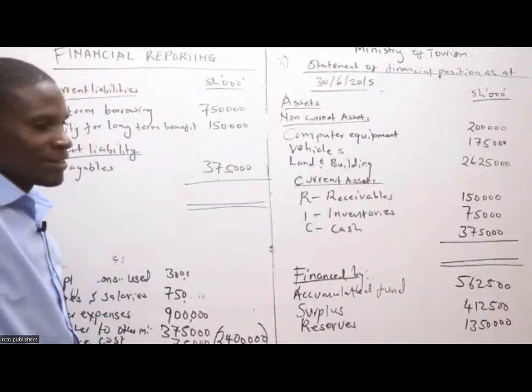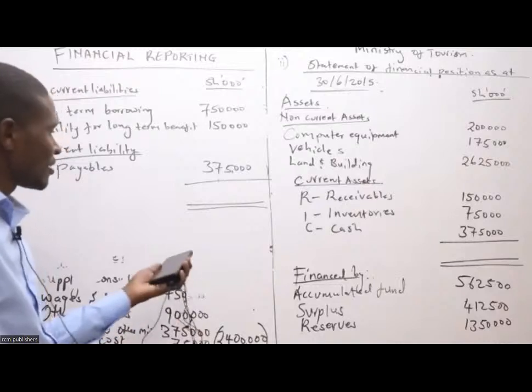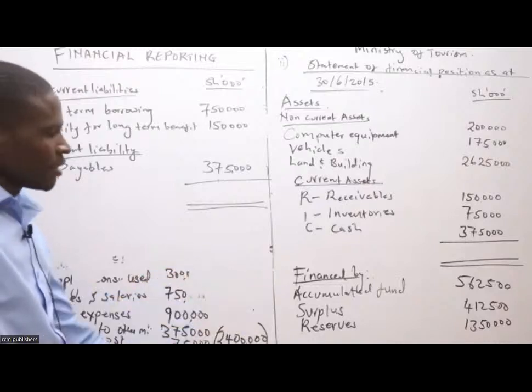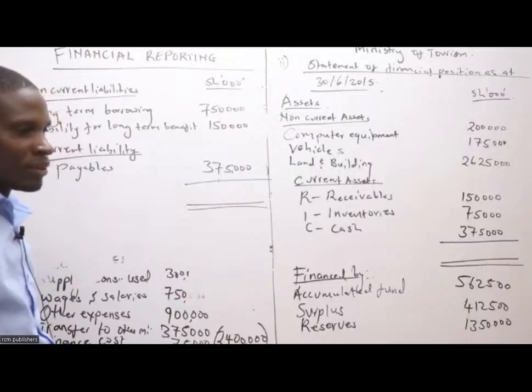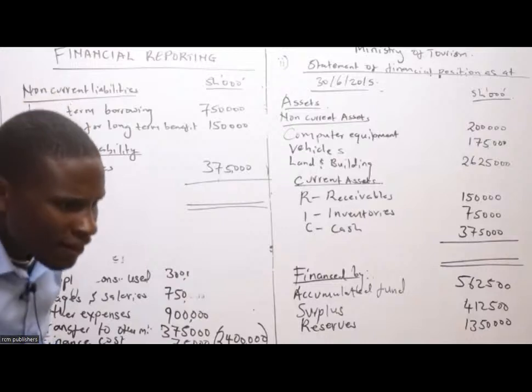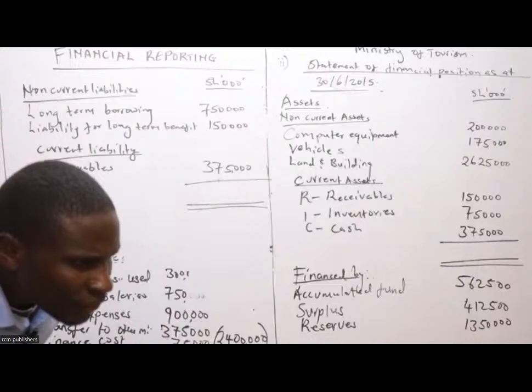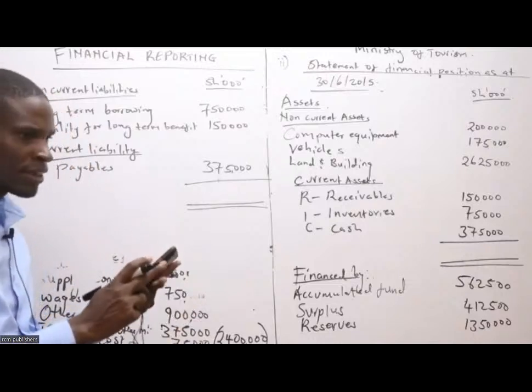Who is the first one to be computing the total liability? That is the finance by section. Gakio and Edwin, your speed is very good.